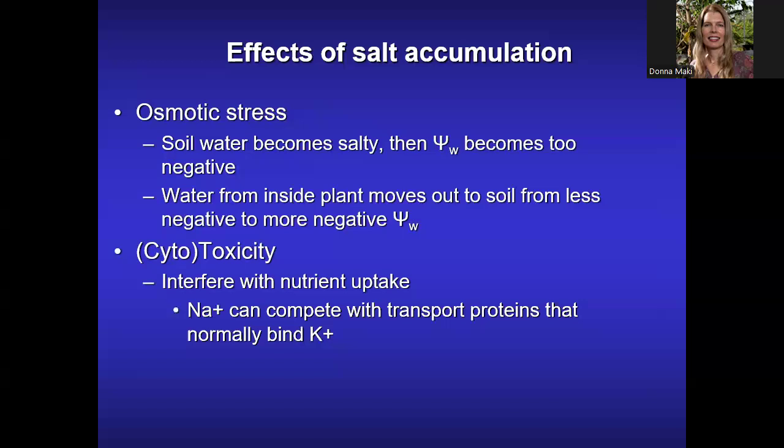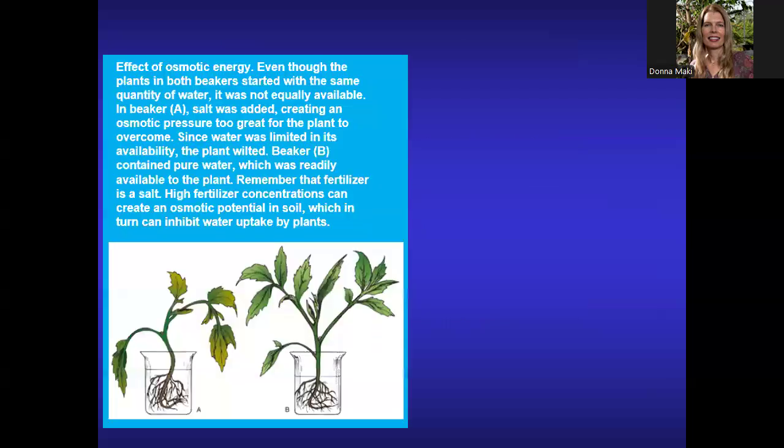For example, too much sodium in the soil system can make it really hard for the plant to get access to potassium. So it's a double whammy where you have this water potential issue where you can actually get water coming out of the plant, plus you have this competition of the salts with some of the needed solutes, and the plant can't bring them in.